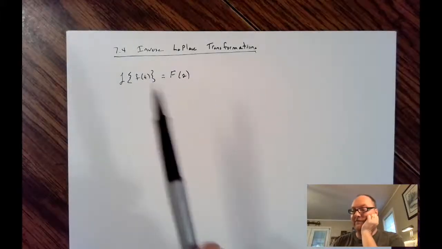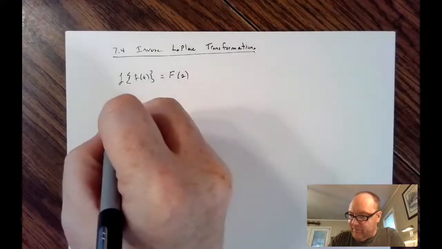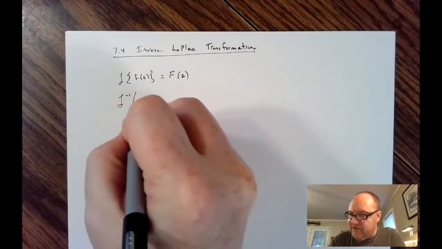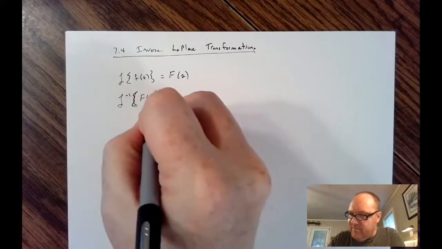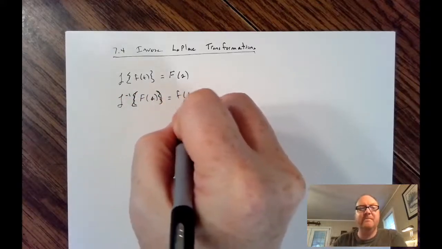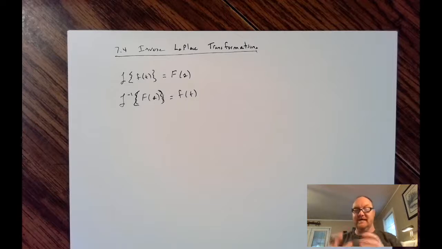So little f of t, big F of s. And so with an inverse, and I'll use the inverse notation, well, I really should have braces there, but at any rate, I end up back where I started. That's the goal. So today we want to take something that's already been transformed theoretically and then turn it back into a function of t.